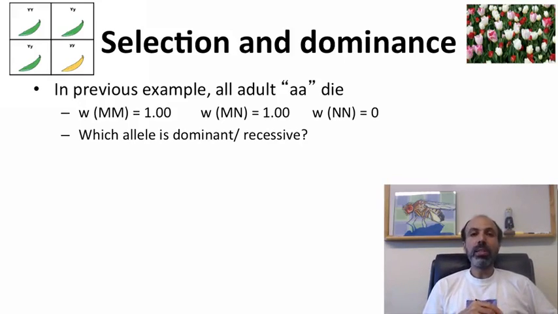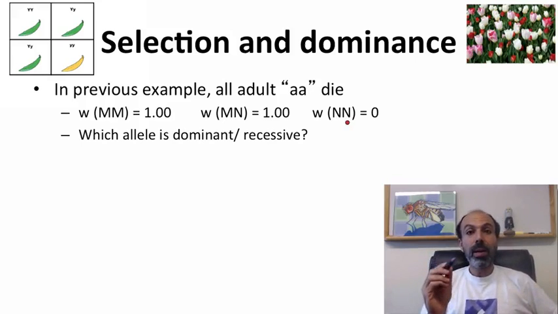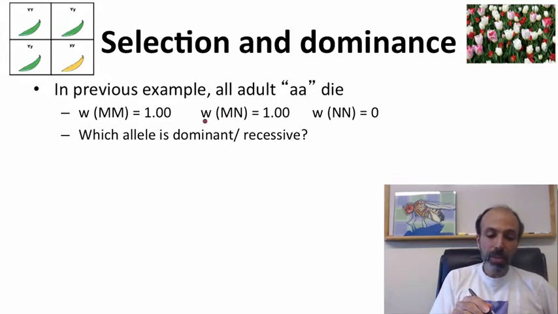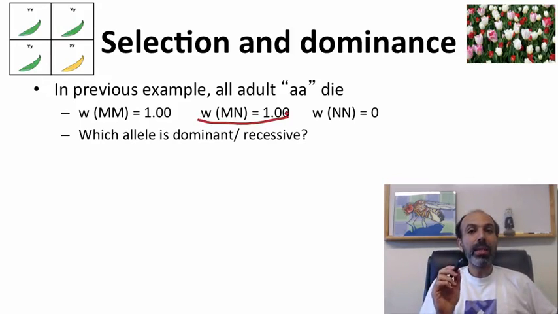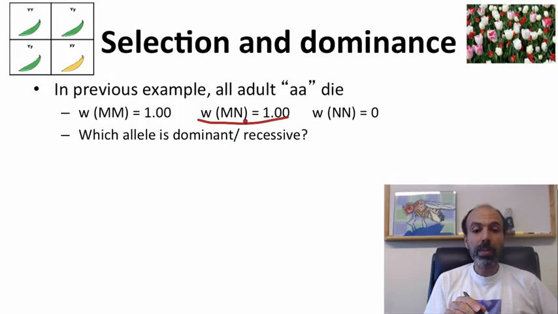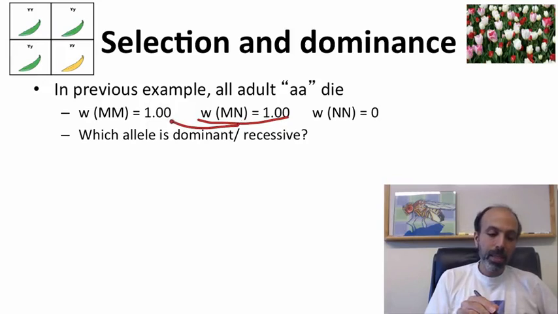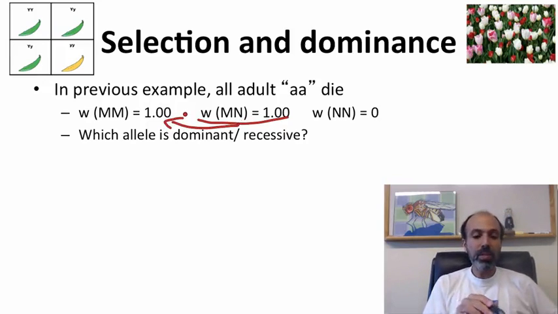Now, which allele is dominant? Which allele is recessive? Well, we define dominance by what the heterozygote has the same phenotype as. The phenotype we're looking at in this case is the relative fitness. So which homozygote does the heterozygote have the same relative fitness as? In this case, the MM homozygotes have the same relative fitness as the MN heterozygotes.